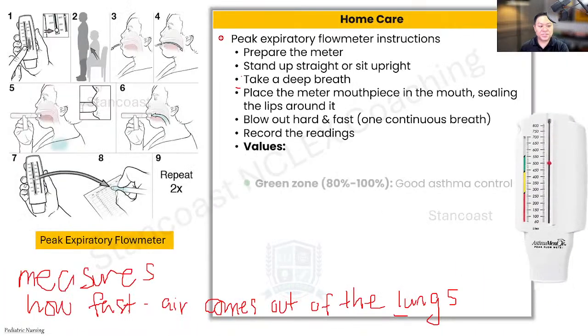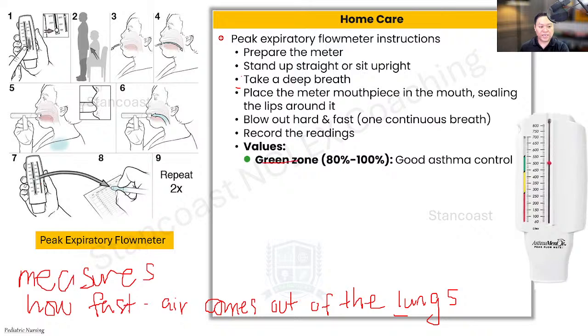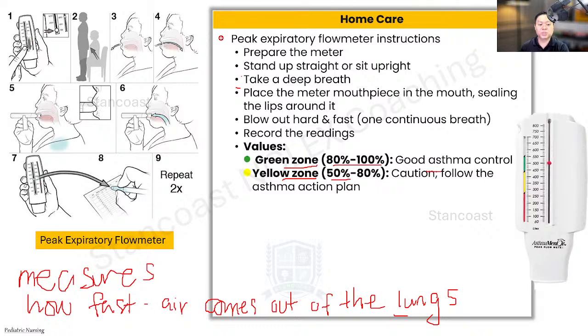So the values again: green is about 80 to 100%. That means they have good asthma control. For the yellow zone, their performance is about 50 to 80%, and they need to adhere to the treatment plan, make sure that they are compliant with the medication regimen, and also notify the medical provider regarding manifestations that are probably signs of worsening.